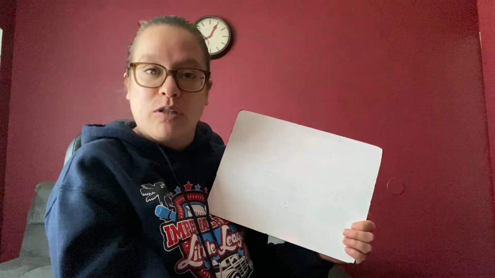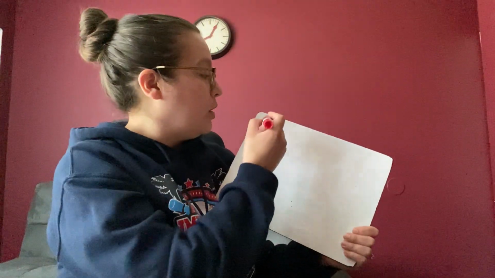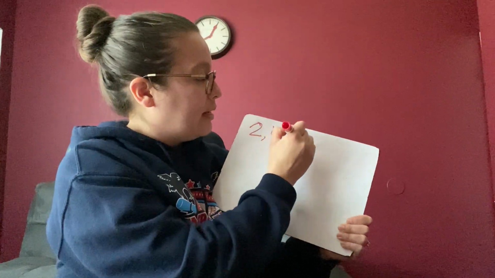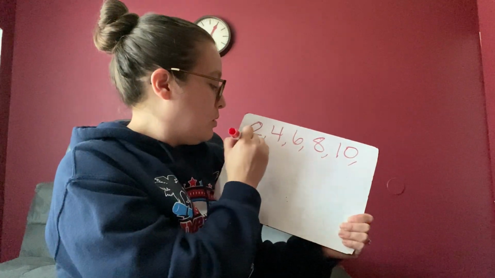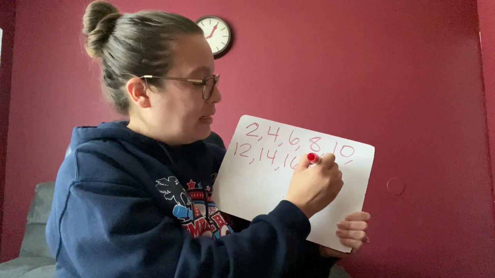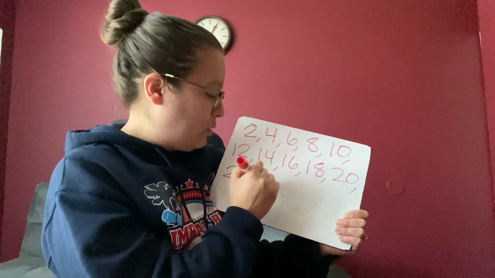Letter D. What 5 digits appear as the last digit of multiples of 2? In this case, we need to write out the multiples of 2 and see what the last digits are. So 2, 4, 6, 8, 10, 12, 14, 16, 18, 20, and it keeps going, right? 22, 24.